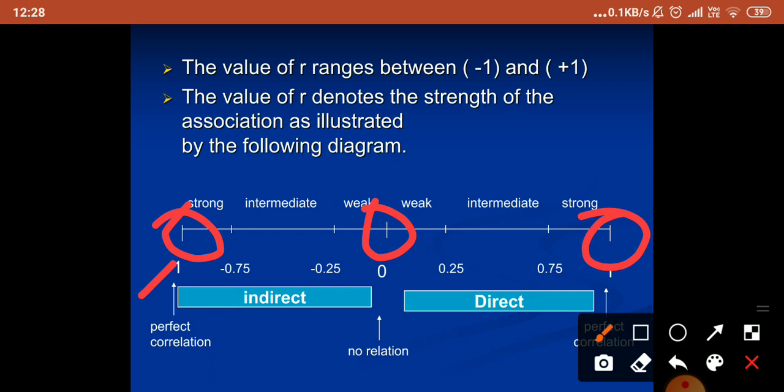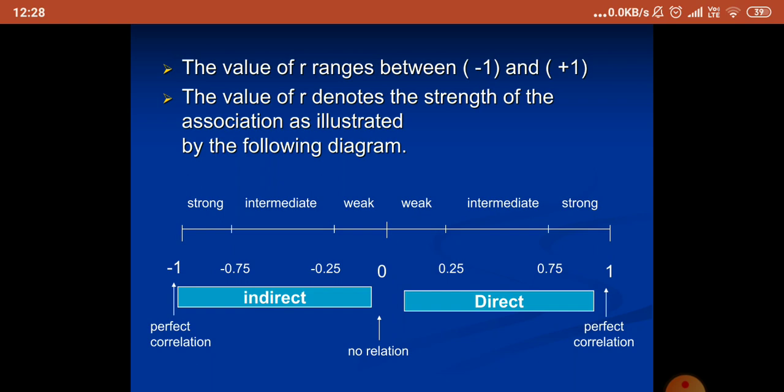And if the coefficient of correlation is 0, it means it is a weak relation or no relation, because they don't depend upon each other. So this gives us no relation at 0. Then we have 1. At 1 again we have perfect correlation, where the strength of the relation is strong.